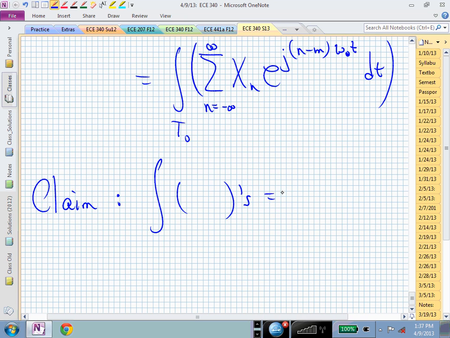All of these are going to be 0 when n and m are different. If m was 5 and n was 4, they're different, and we now have e to the minus j omega naught t, and that's just cosine omega naught t and sine omega naught t. Integrated over one period, we get 0.